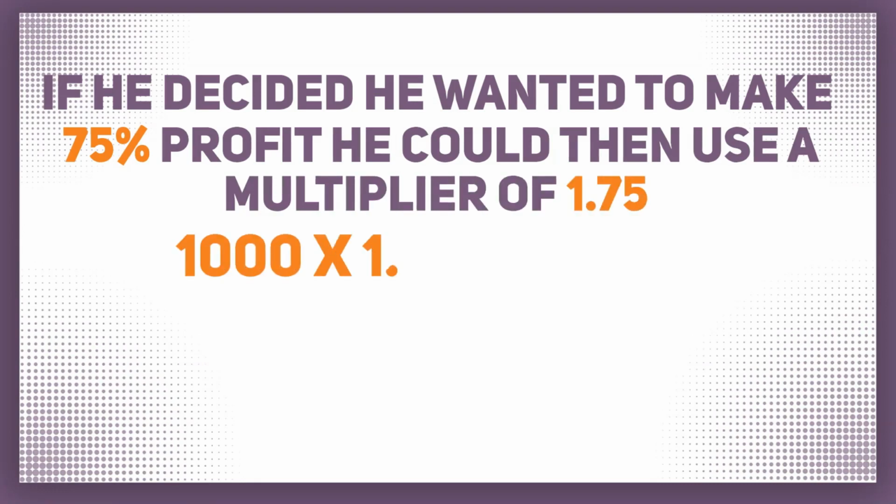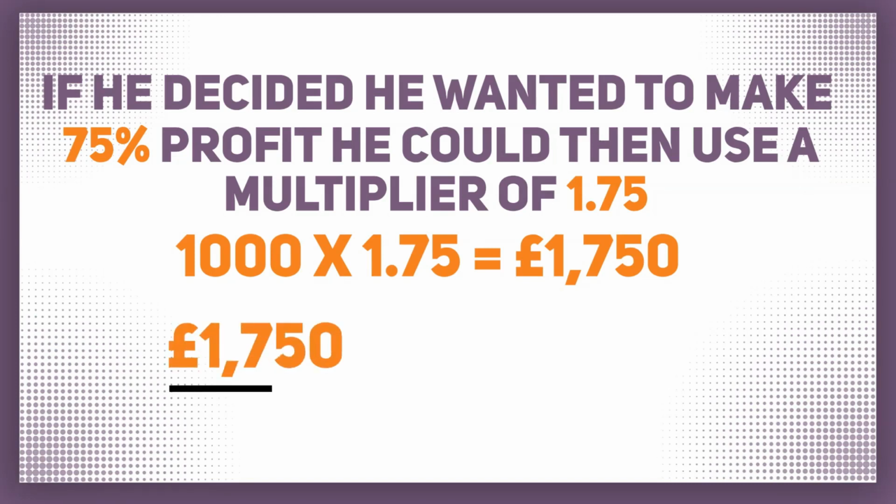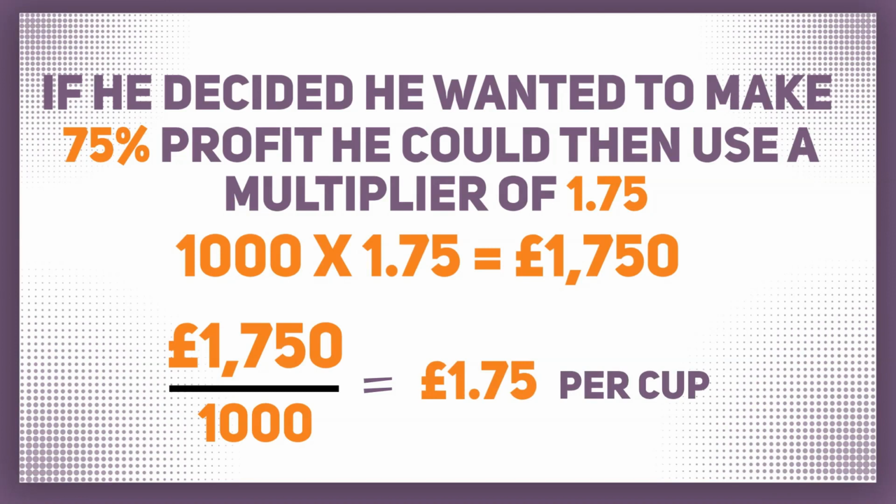So, 1,000 times 1.75 equals £1,750. In order to calculate the new selling price, Paddy would need to divide £1,750 by 1,000, the number of glasses he intends to make. So £1,750 divided by 1,000 equals £1.75 per cup.